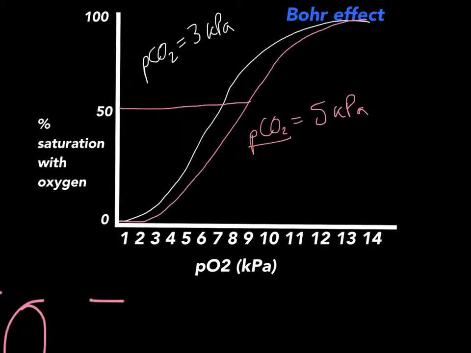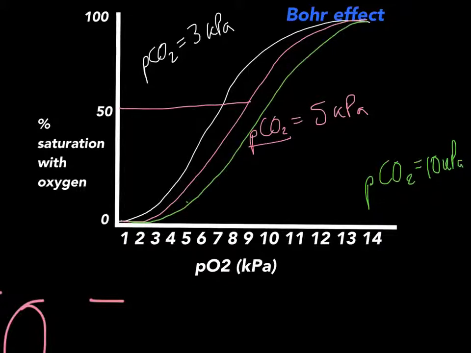Let's ramp up the exercise and maybe start sprinting. If we've now got a partial pressure of CO2 of maybe 10 kilopascals, that curve is again going to move to the right because that carbon dioxide causes the hemoglobin to be less saturated with oxygen.